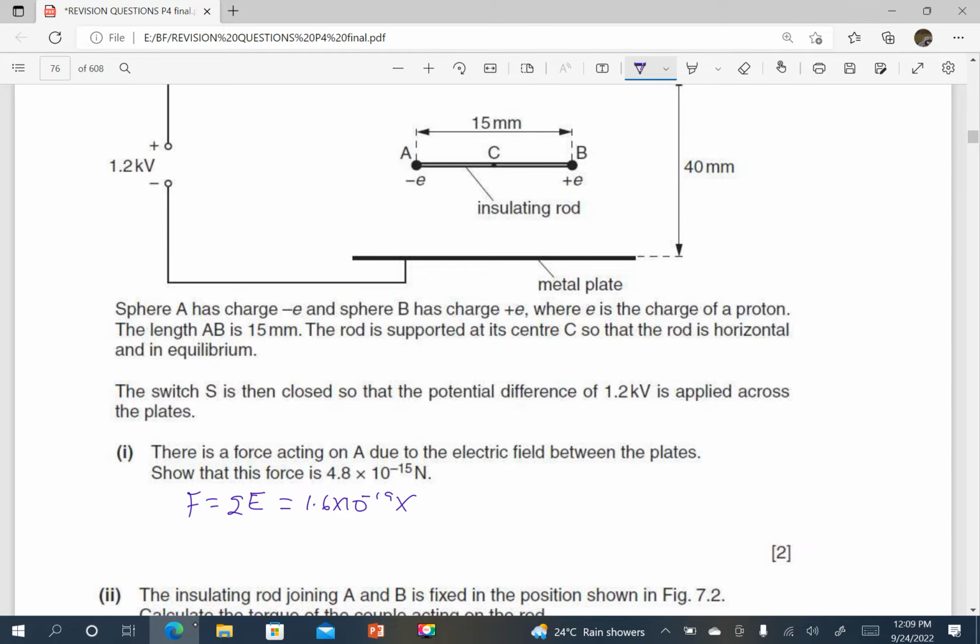The electric field strength, we have already calculated above, is 3.0 times 10 power 4. Pressing the calculator just to verify, it gives us 4.8 times 10 power negative 15 as the force.